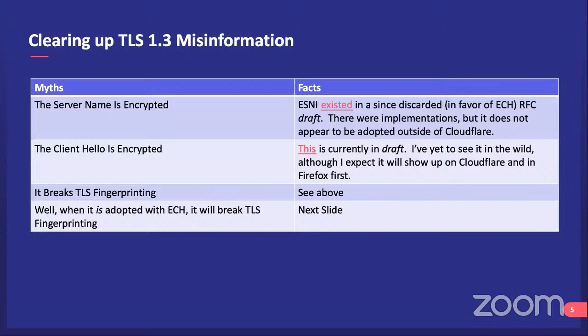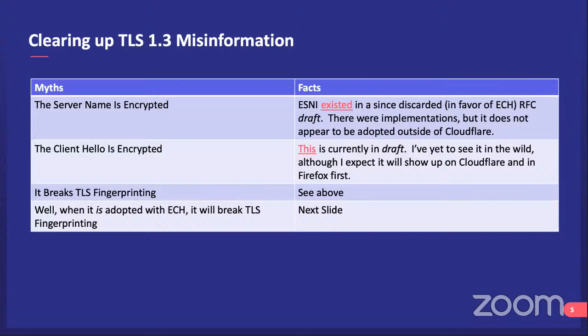But something to point out is that ESNI did exist in an RFC draft, but that was superseded. It's actually the same RFC draft. It's still called ESNI, I think, or you can see in the Git history where they changed the name. But it's been discarded in favor of encrypted client hello, which seems to be indicative that going forward, what Cloudflare is going to do, and what presumably will be picked up by everybody else, is encrypted client hello instead of encrypted server name extension.